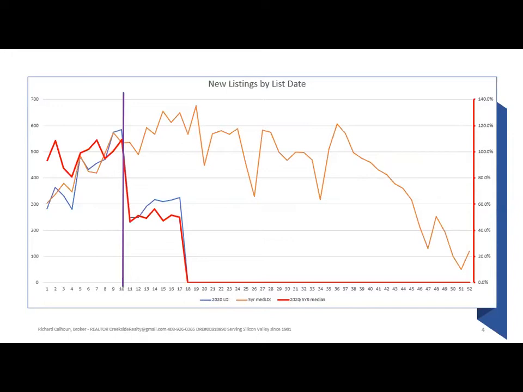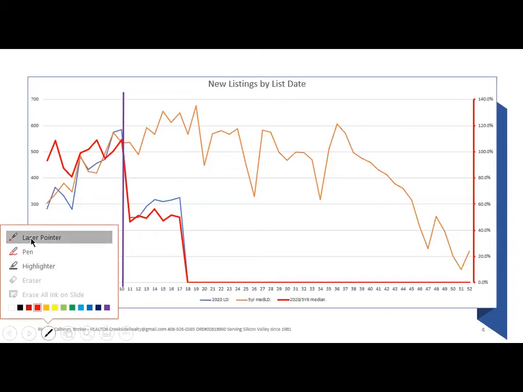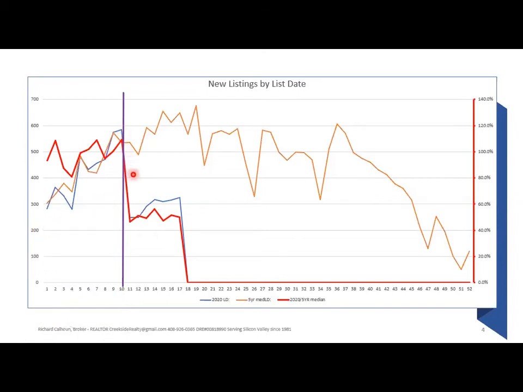Now what I'm looking at is the number of new listings by list date. And here the impact of shelter in place is obviously way clearer. You can see the red line right here just dropping. And I'm going to change my laser pointer because I think that's easier for people to see. So you can see the red line here just free falling. And we came down and we're basically somewhere around 45–50% of the normal number of new listings each week.